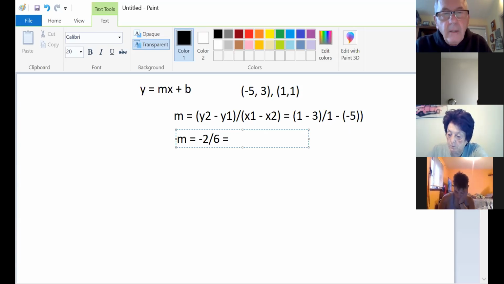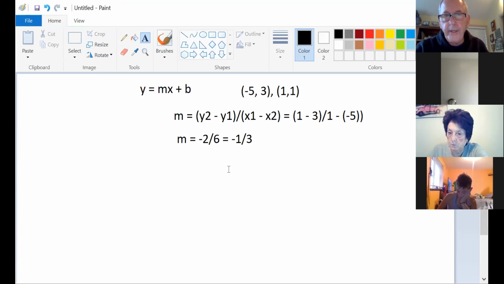So it looks like that. I'm going to reduce this down, divide the numerator and denominator by 2, so I'll get -1 over 3. Okay, so that's my slope, right? I just plugged it into that. I just used those 2 points to find the slope. Now I have the slope.